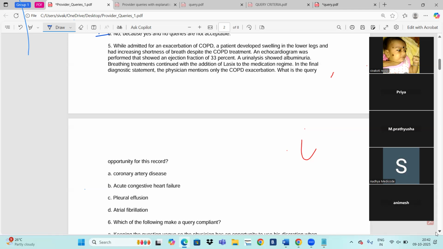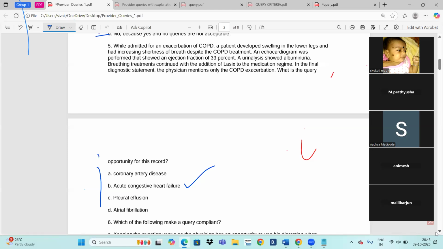Correct. See here, they documented ejection fraction and Lasix. Lasix is the medication used for which condition in this list? CHF, congestive heart failure.